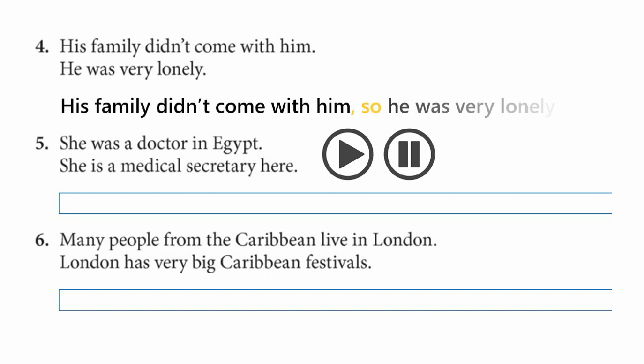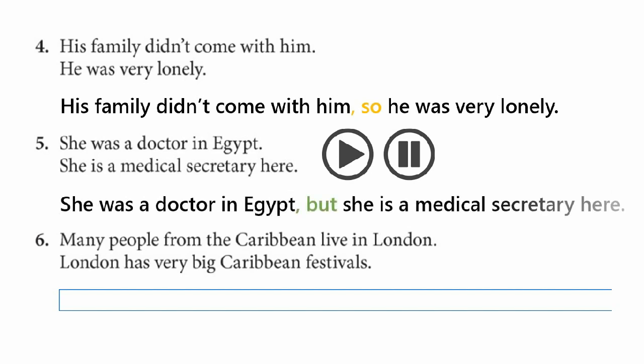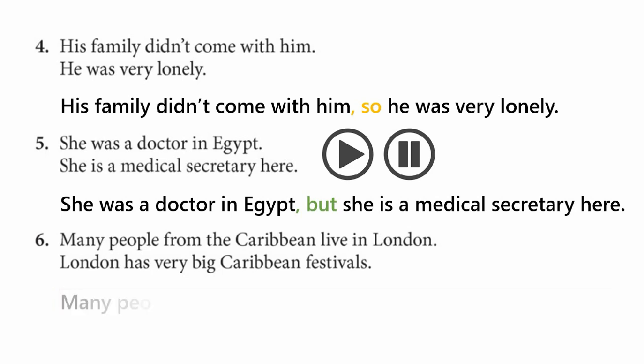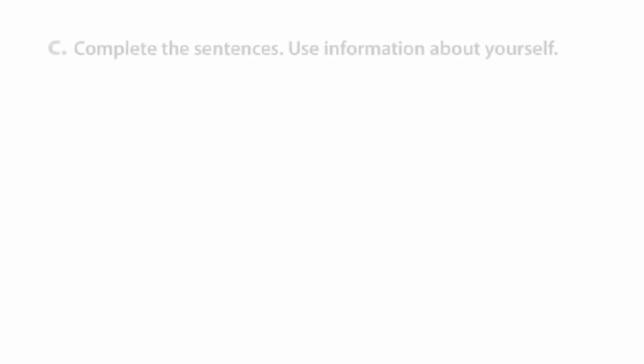His family didn't come with him, so he was very lonely. She was a doctor in Egypt, but she is a medical secretary here. Many people from the Caribbean live in London, so London has very big Caribbean festivals.